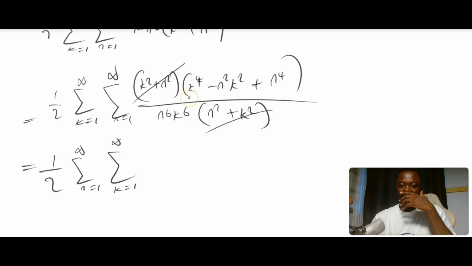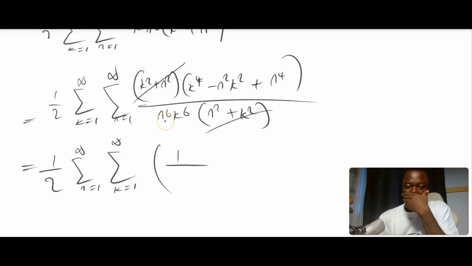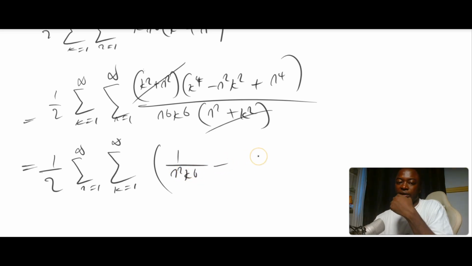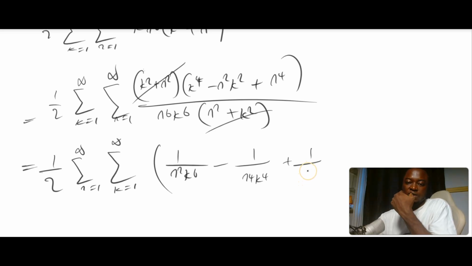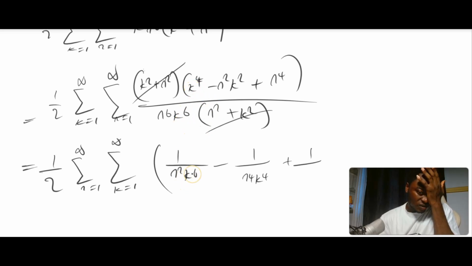On the first part here, you have 1 divided by n squared k to the 6th, minus 1 divided by n to the 4th k to the 4th, plus 1 divided by k squared n to the 6th.